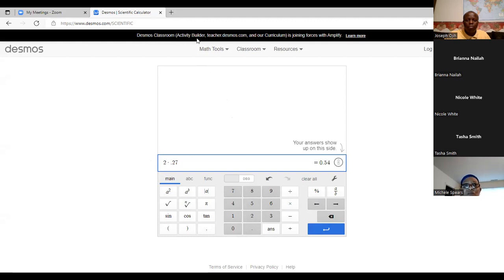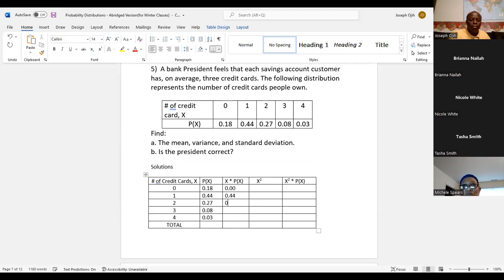So following the same process, I'll put the rest of them here: 0.24, 0.12. So when you add all this, you'll get 1.34.